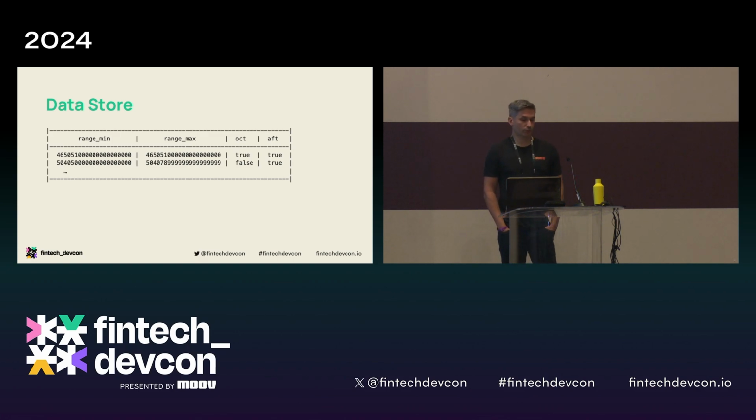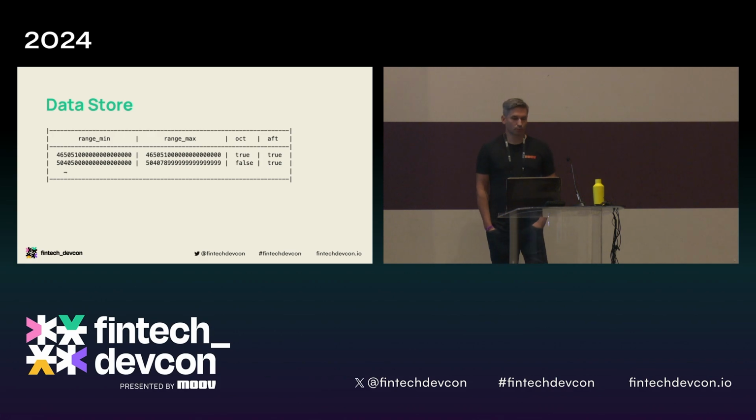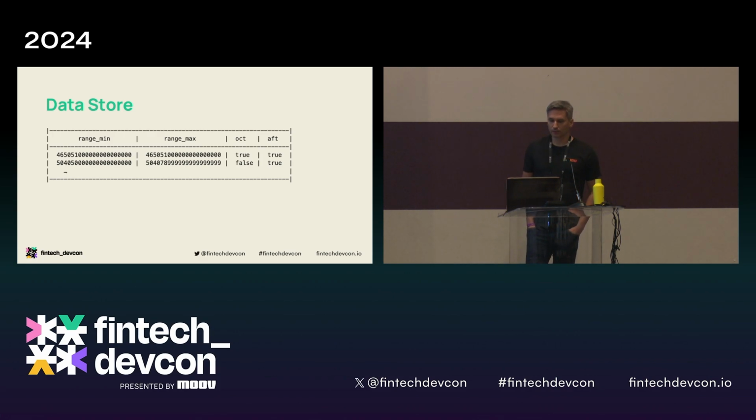This table would have 4 simple columns: a range minimum and a range maximum storing the boundaries of the range, and 2 Boolean flags for OCT and AFT support, which can either be true or false. Whenever it comes to designing database tables, it's not enough to just think about the column names. It's also important to consider the data types.